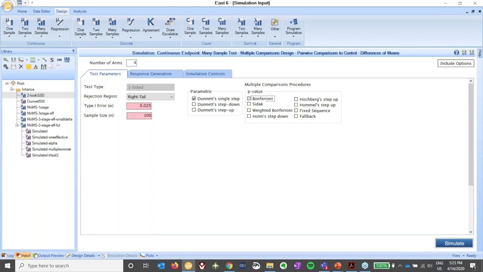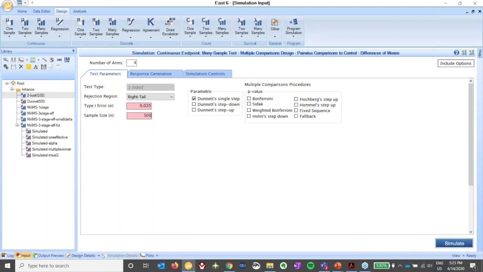as the parametric alternative to the Bonferroni procedure, and then have EAST search through a grid of different sample size values to see what is going to get us close to that 90% power that we are willing to have.